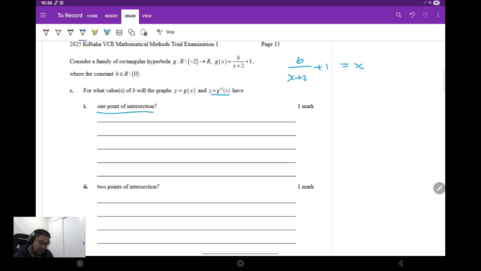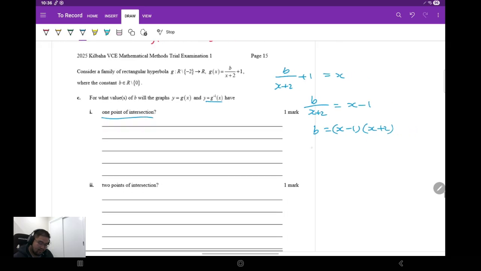So from here, we get b over x plus 2 is equal to x minus 1. b is equal to x minus 1, x plus 2. And then from here, we want to make it into a quadratic and expand.